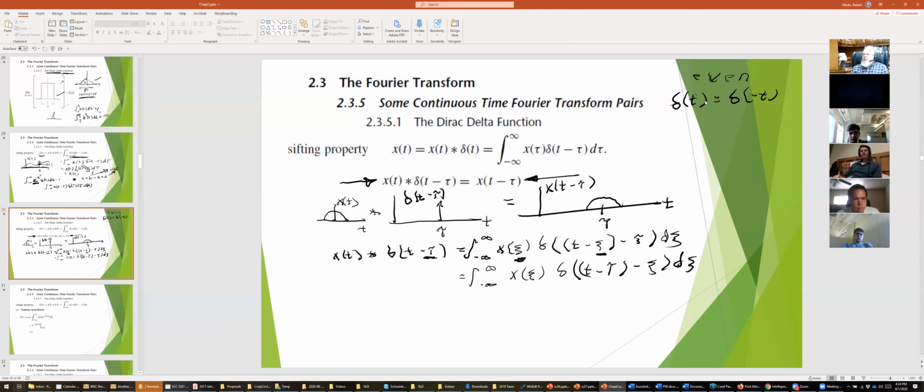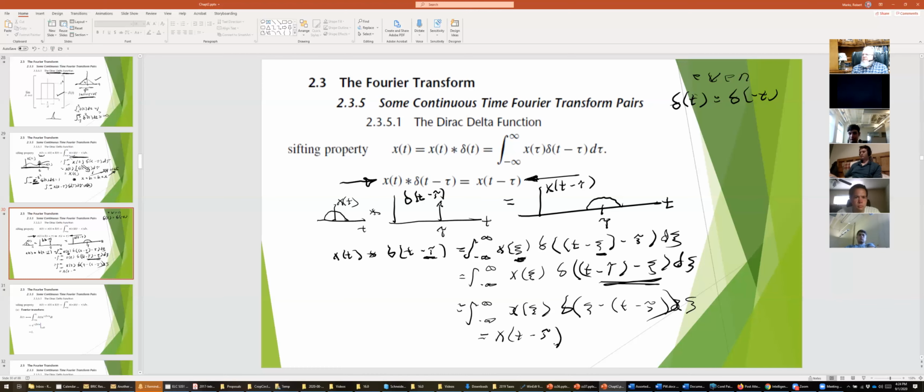It's an even function. So because it's an even function, we can multiply the argument by -1, and that's what we're going to do. x of c, since it's even, we multiply this argument by -1, and we get delta of c minus t minus tau dc, which is x of t minus tau.